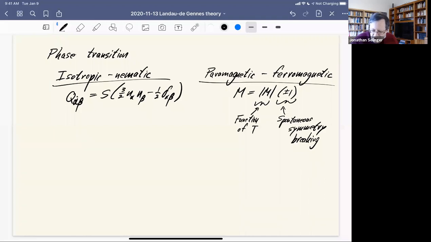Okay. The same is true for the isotropic nematic transition. Okay, that the magnitude of the order S is a function of temperature, and the direction is coming from spontaneous symmetry breaking.